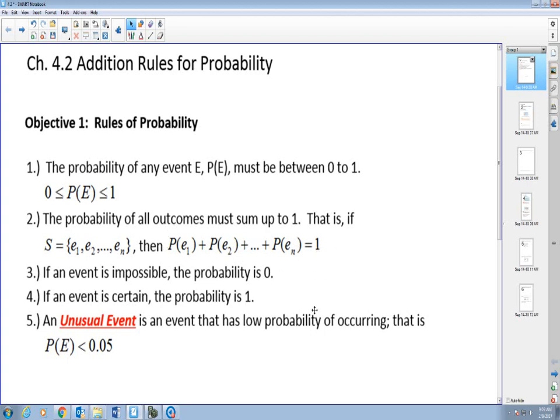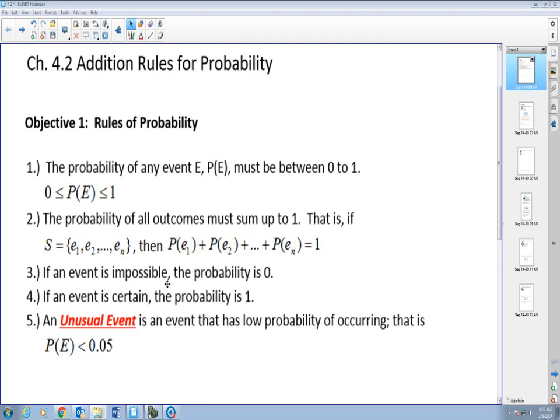This is exactly just like what we talked about in section 2.1, I believe, when we talked about something called the cumulative relative frequency distribution. That big old table that we did in 2.1. Cumulative relative frequency always adds up to 1 when we add up all the decimals.